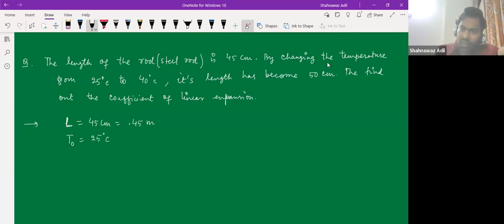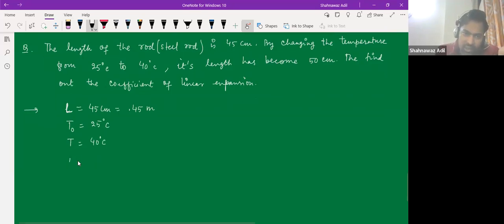And then we have the final temperature, which is 40 degrees. And then the new length has become 50 centimeter, which is 0.5 meters, right?